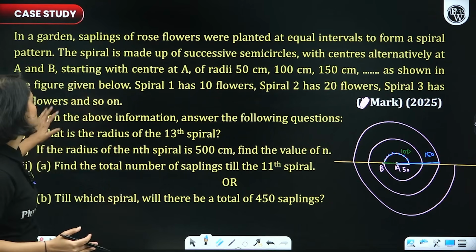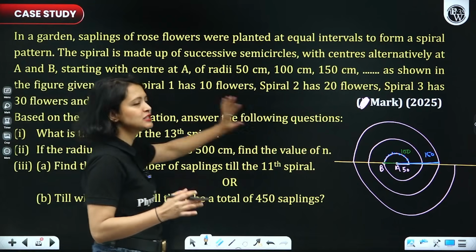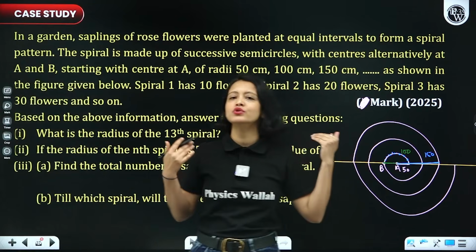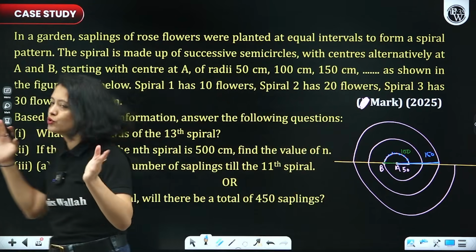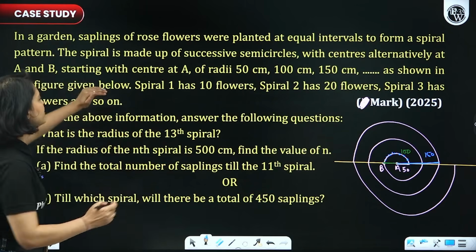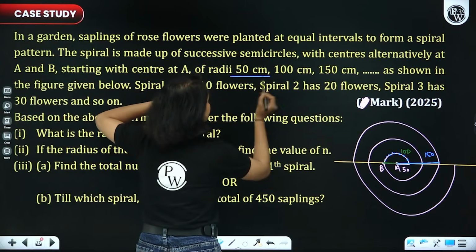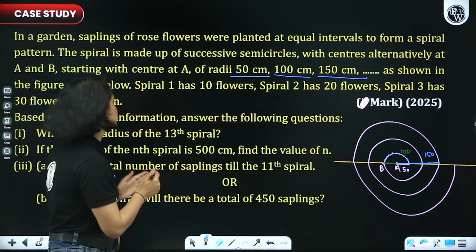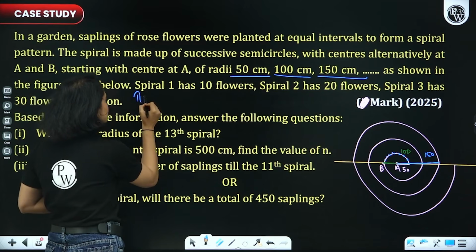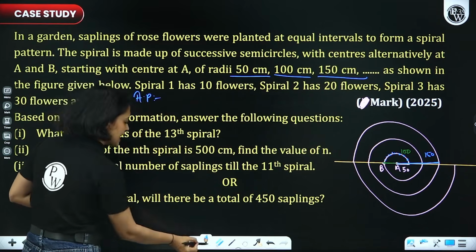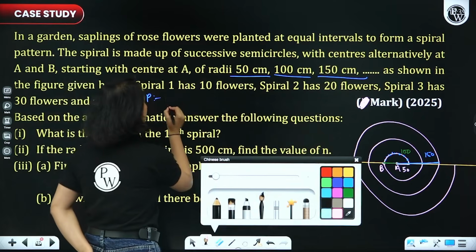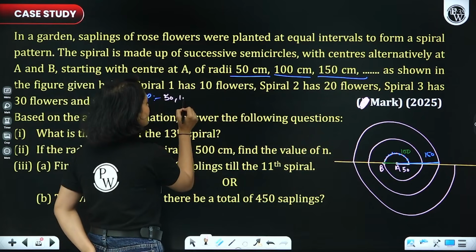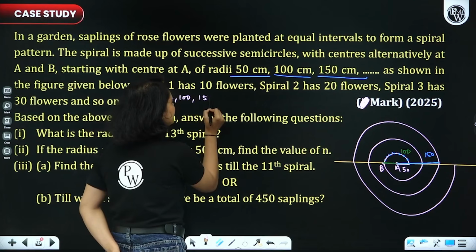The first question is, what is the radius of the 13th spiral? Here you don't have to see the diagram, you just have to think. They have given the radius of the first spiral as 50, second 100, third 150, so clearly there is an AP forming: 50, 100, 150, and so on.